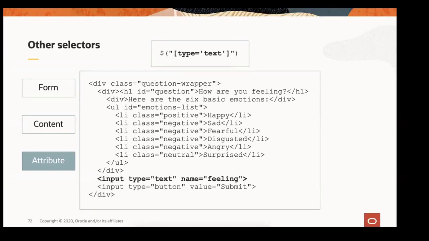So now I'm only getting the one input that has the type equal to text. I could be even more specific, and this is true with selecting by ID or selecting by class. I can put a tag name in front. So here I'm saying just give me the inputs in the page that have a type attribute with a value equal to text. Very expressive language these selectors are, but at the end of the day, I'm still selecting the same input.